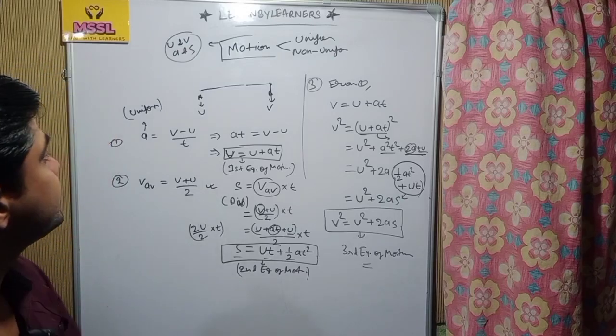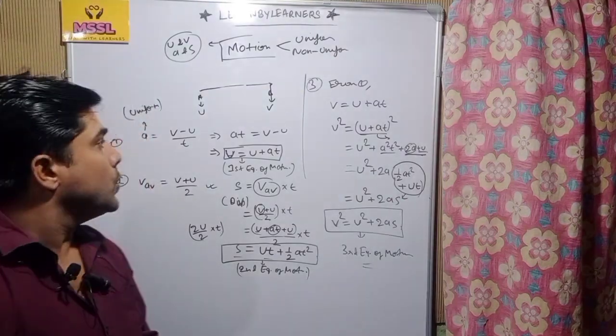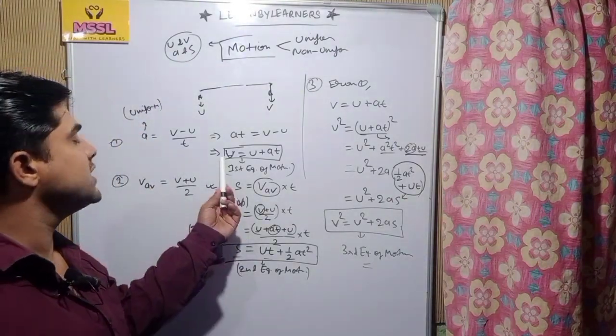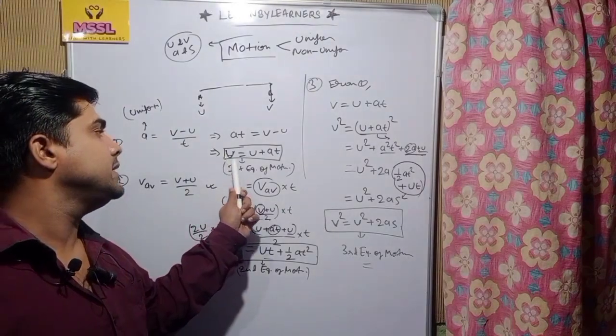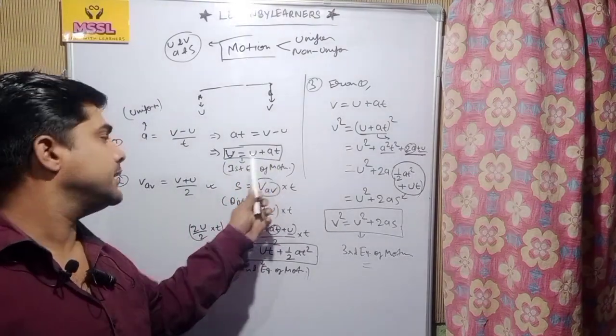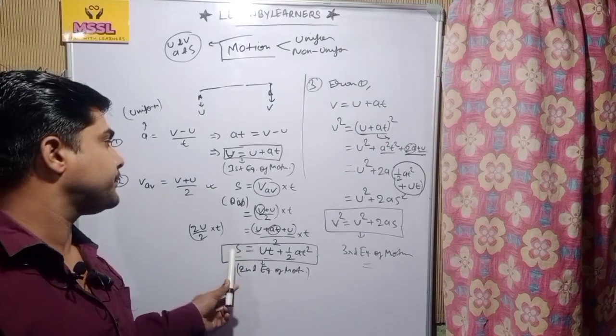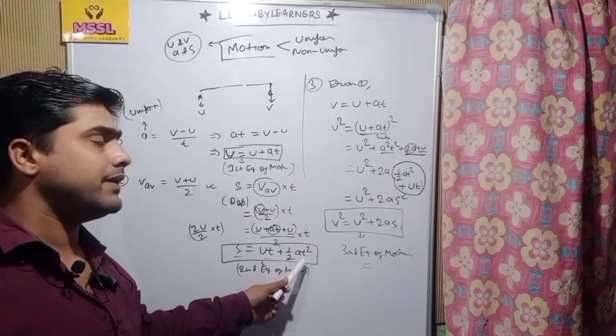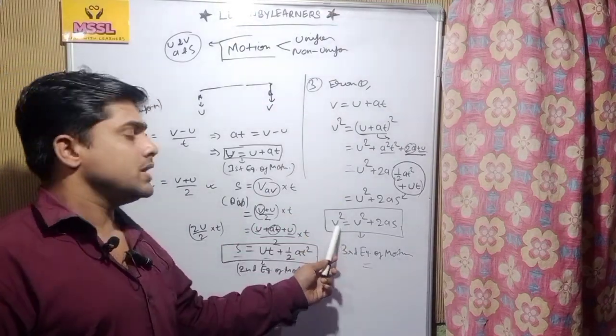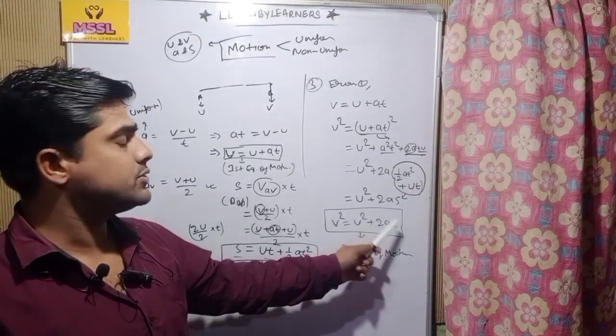All right. So you can see the first equation is V equals U plus at. The second is S equals ut plus half at square. And the third is V square equals U square plus 2as.